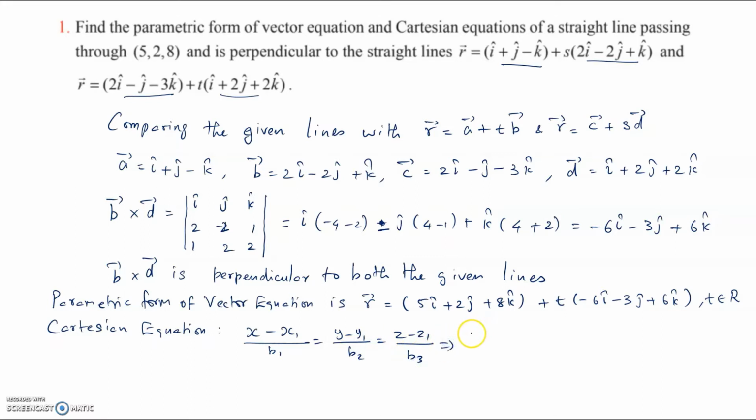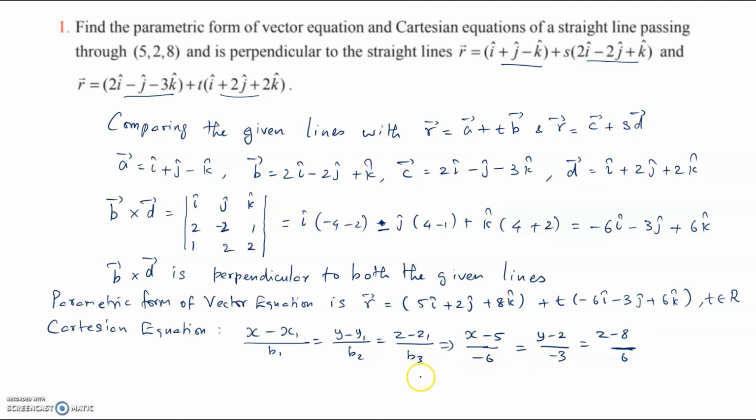Replacing the values of x1, y1 and z1, which is the point through which the line passes, you get the numerators as x − 5, y − 2 and z − 8. Then it is parallel to the vector B cross product with D, so the denominators will be −6, −3 and +6.